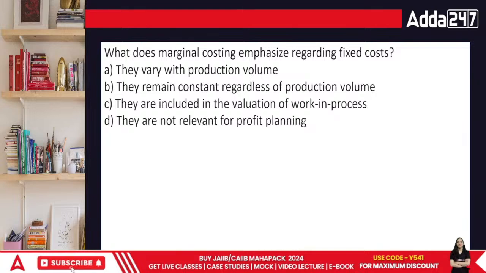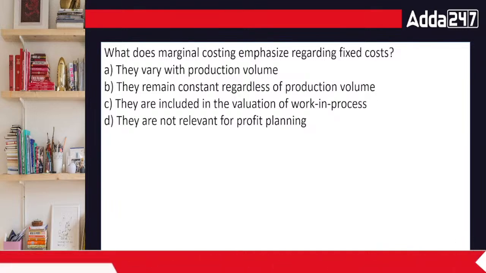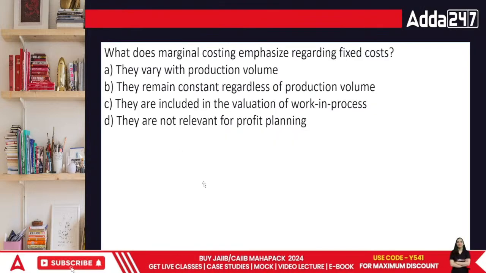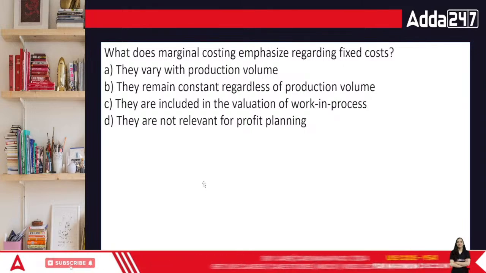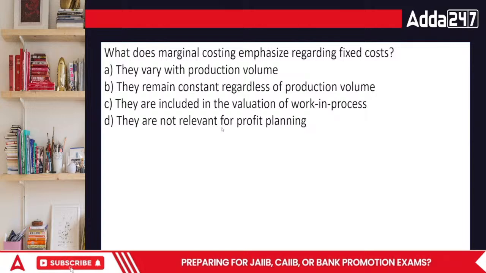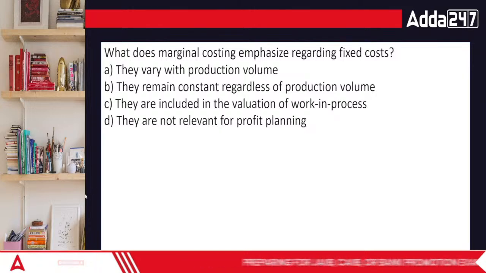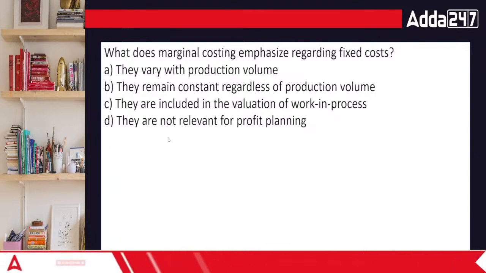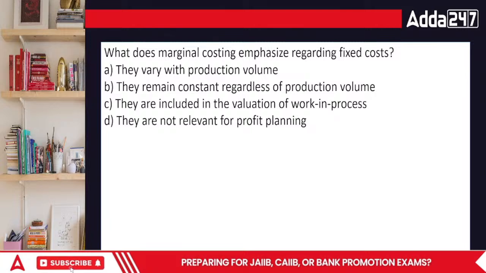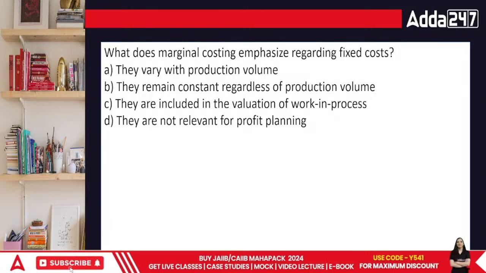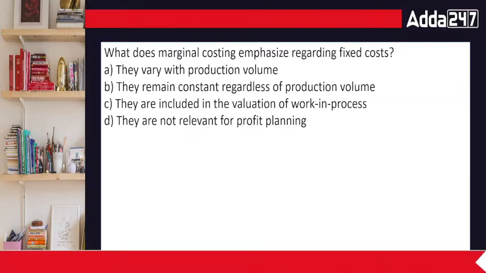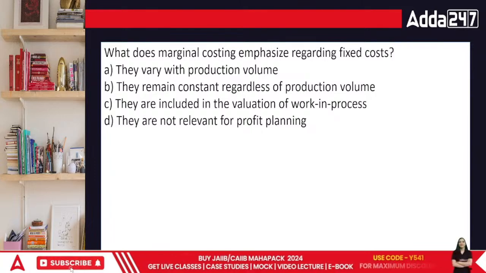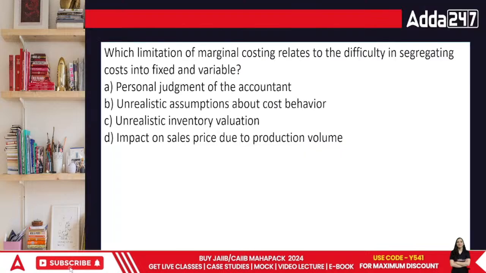Fixed cost is normally a major amount for the organization already. So the answer is B only, everyone. I'll just correct it. It remains constant. Whatever we do, this amount remains constant. What does the marginal cost emphasize regarding fixed cost? This is what we did. They remain constant.